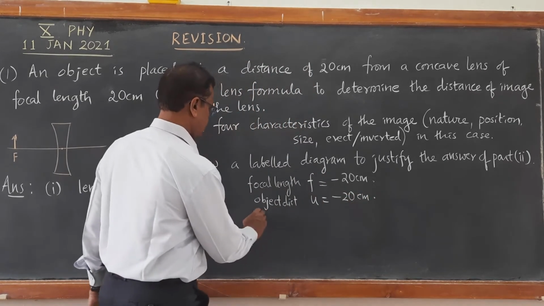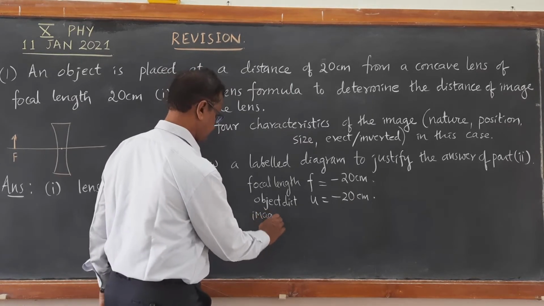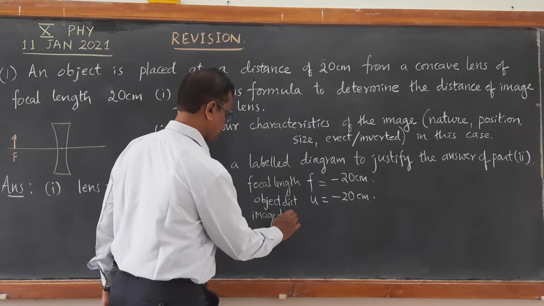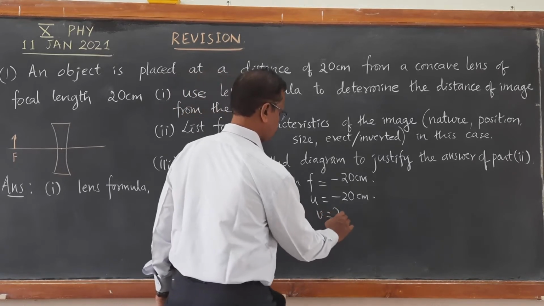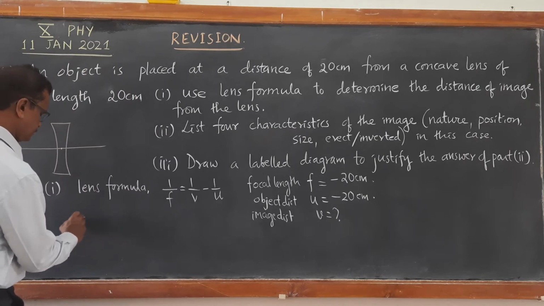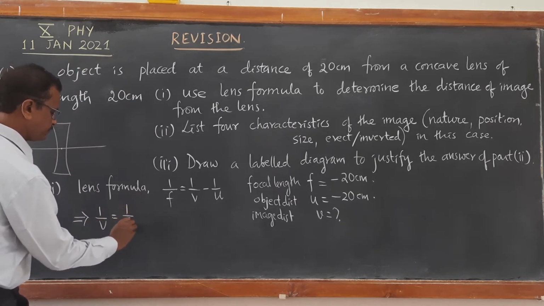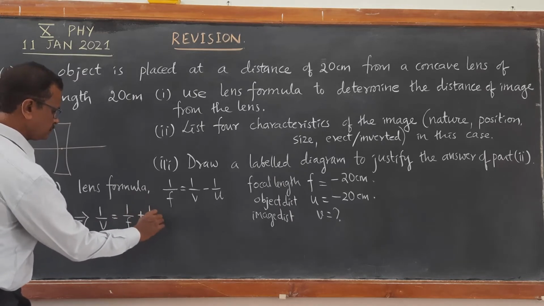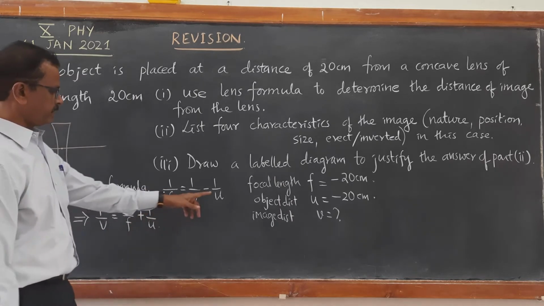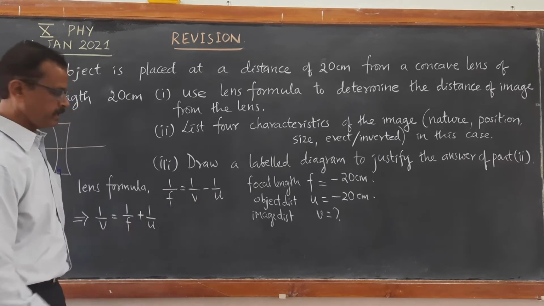Then what is the image distance? Just use this equation. From this we can write 1 by v equals 1 by f plus 1 by u. If you take minus 1 by u to this side, it becomes 1 by f plus 1 by u.